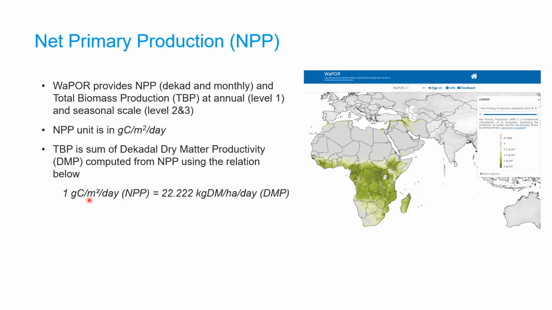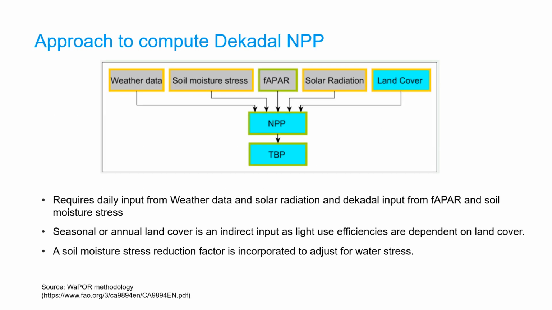And 1 gram carbon per meter square per day NPP represents 22.22 kilogram dry matter per hectare per day as per literature. And this relationship is used to convert NPP into total biomass production in WAPOR.